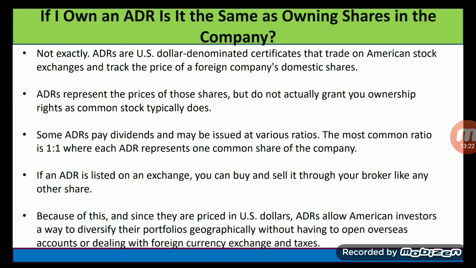Because of this, and since they are priced in US dollars, ADRs allow American investors a way to diversify their portfolios geographically without having to open overseas accounts or dealing with foreign currency exchange and taxes.